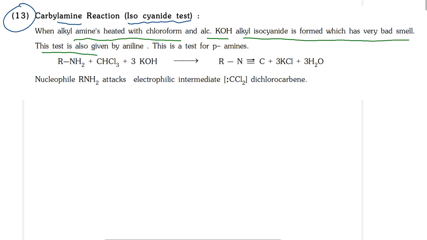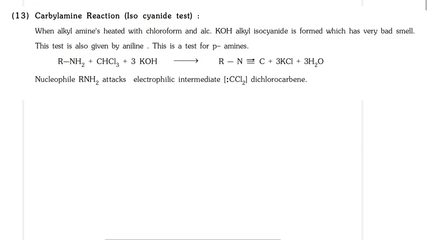This test is also given by aniline. This is a test for primary amines. Next, carbylamine reaction or isocyanide test. It is also known as distinguishing test.